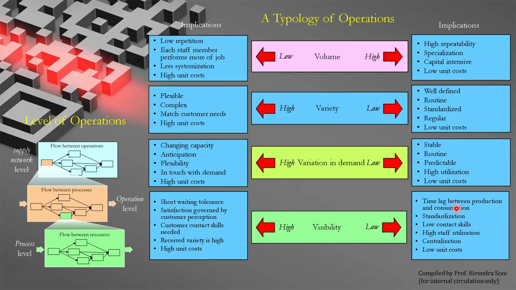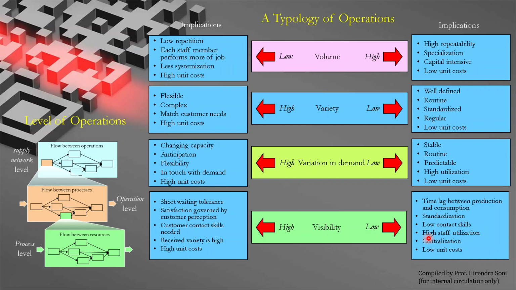In case of operations wherein visibility is low, you will observe that there will be a time lag between the production and consumption. The process would be very much standardized. It will have low contact skills. Majorly, it will be an automated process.